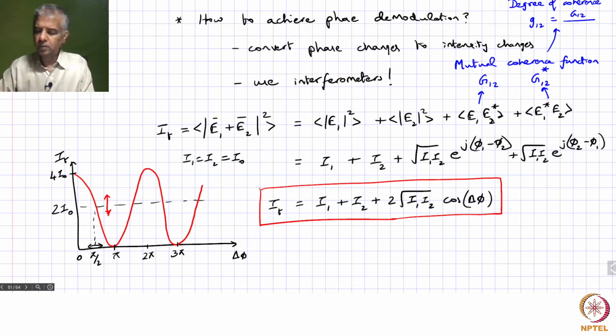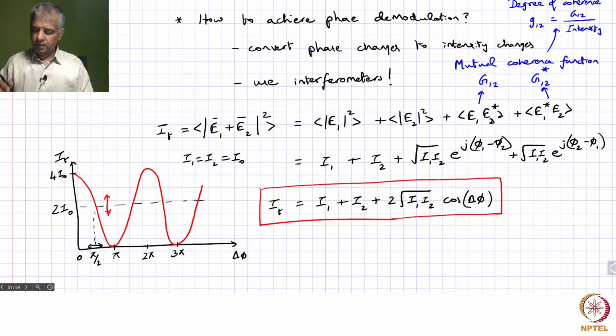the total intensity corresponding to the two waves, right. Because E1 multiplied by E2 is going to give you an intensity. So if you divide that by the intensity, so you are normalizing the mutual coherence function by the intensity, then you can get a fractional value, a value between 0 and 1. Okay.